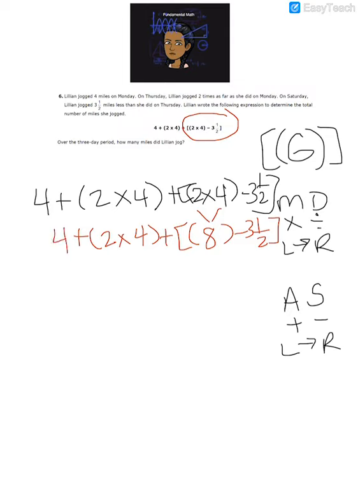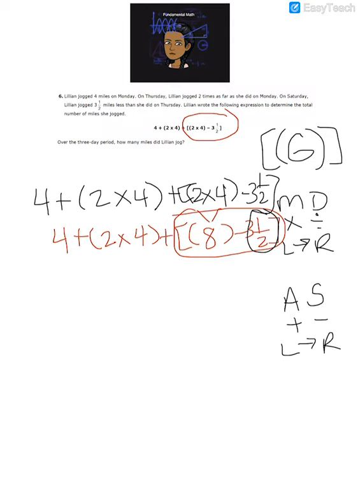So now I'm still going to focus in this area right here. Now we have 8 minus 3.5. The key thing here is, if you have a mixed number like 3 and a half, you need to know that 1/2 is a benchmark fraction, which is 0.5.